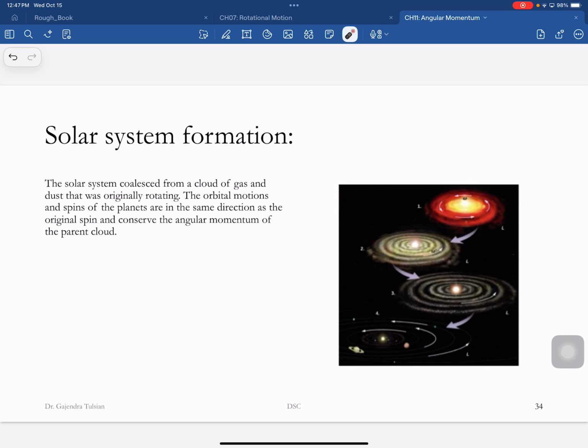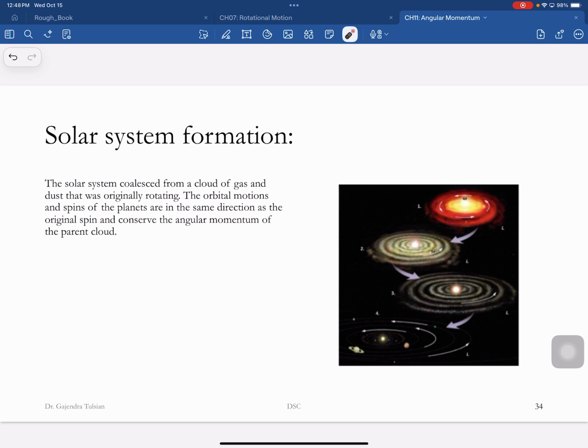And that cloud was slowly turning. You guys have seen an ice skater, right? An ice skater spins, and when he or she brings their arms in, what happens? They spin faster. So this cloud, as it collapsed, spun faster. A spinning object has angular momentum. This all started about 5 billion years ago.